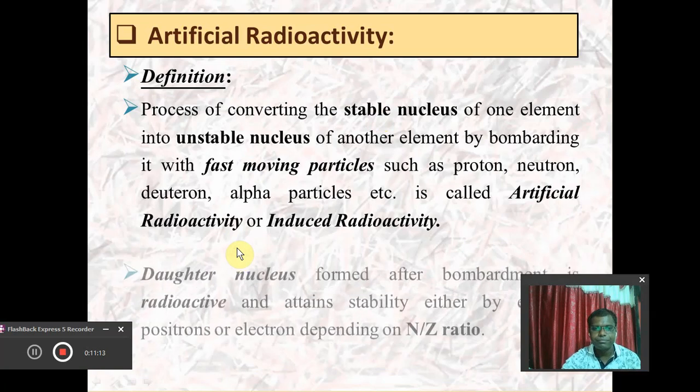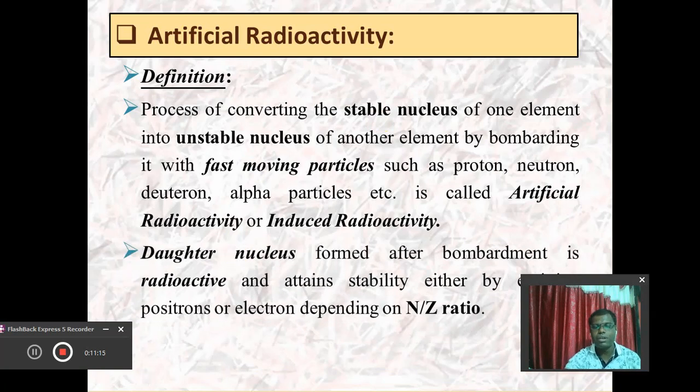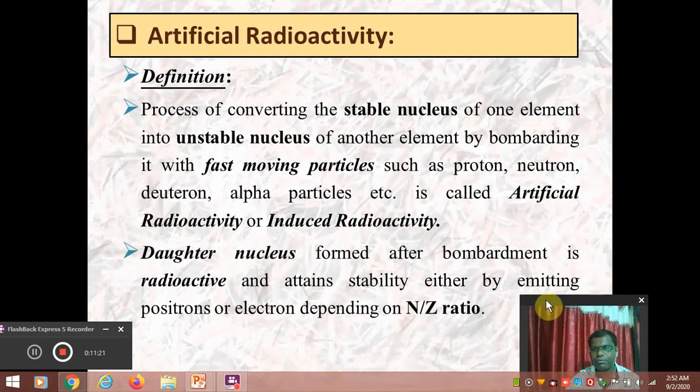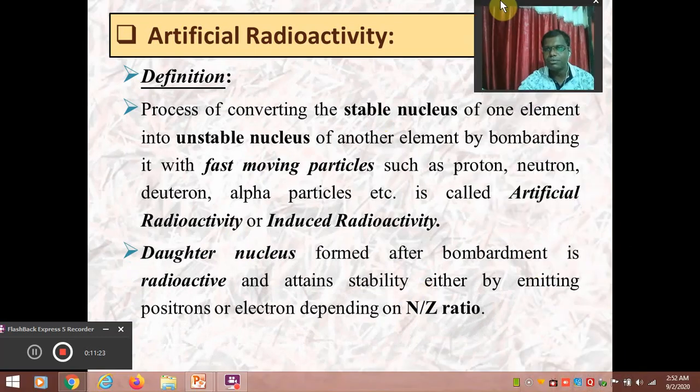So here this recoil nucleus is also called the daughter nucleus, which is formed here, and it is unstable. As it is unstable, definitely it will show disintegration spontaneously. It means it will show radioactivity spontaneously, it emits radiation, it emits particles.